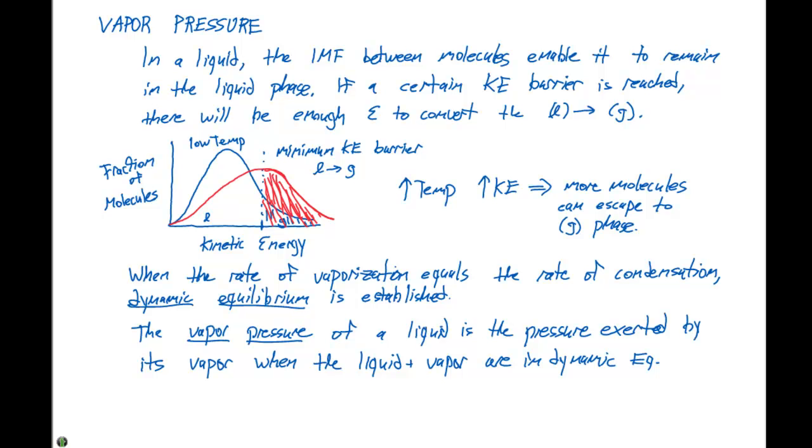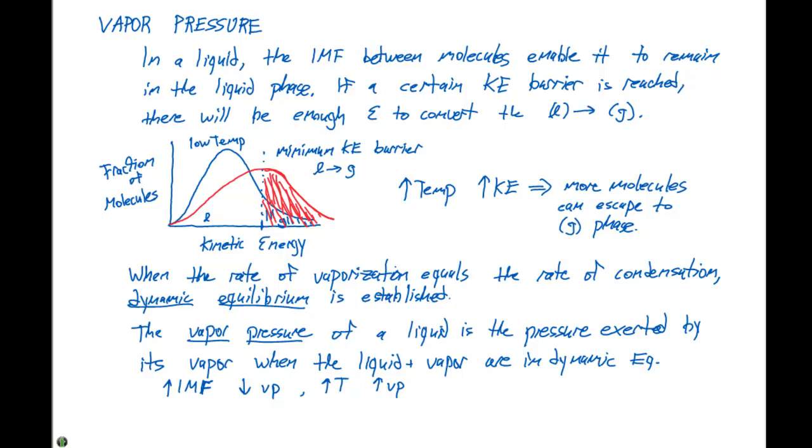And as the intermolecular forces are stronger, the vapor pressure is going to be lower. Because in the liquid phase, everything's attracted to each other very strongly. We're not going to have a high vapor pressure. Okay? But as we increase the temperature, our vapor pressure is going to increase.